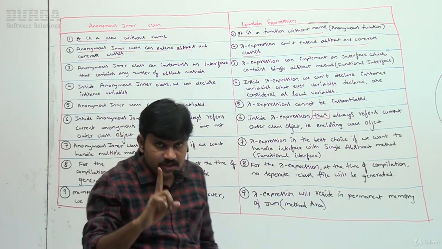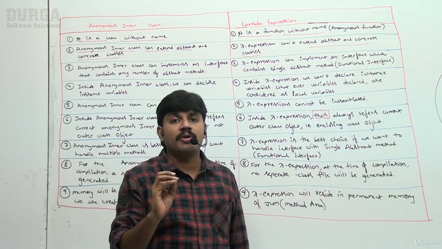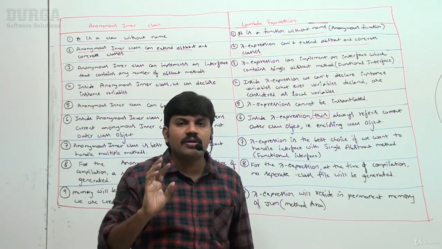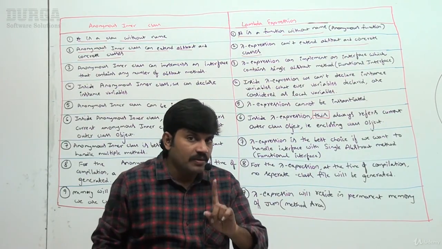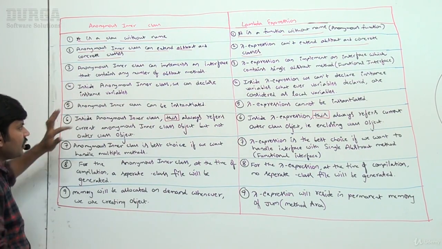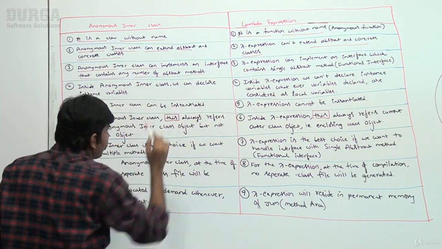Sir, a lambda expression can implement only one interface, the interface which contains a single abstract method. In that particular case only, we can go for lambda expressions, right?